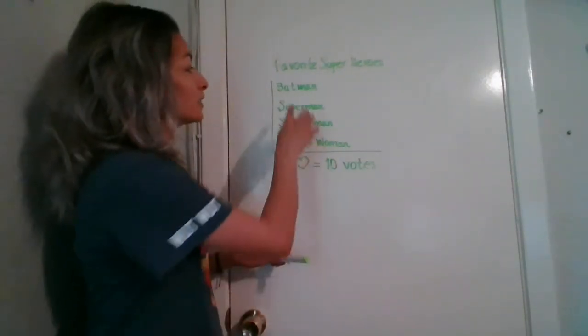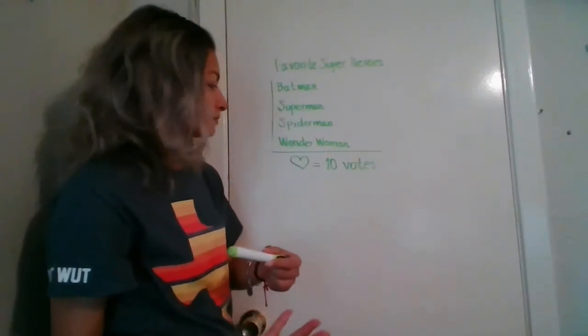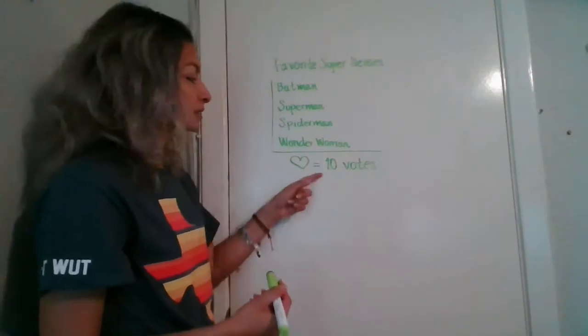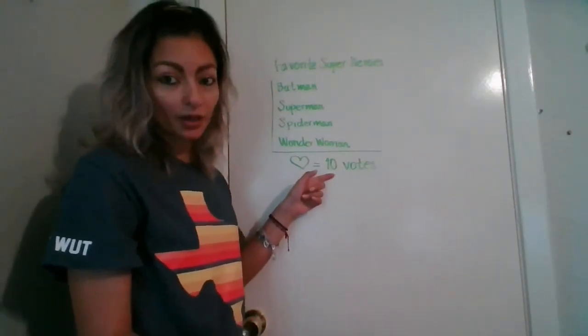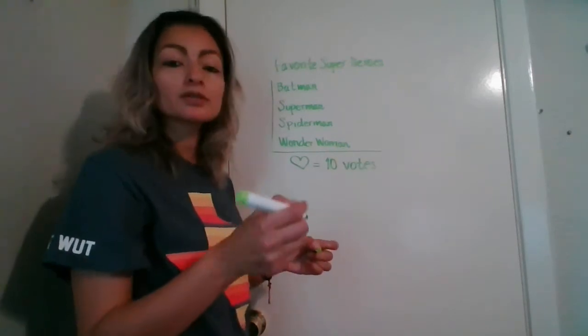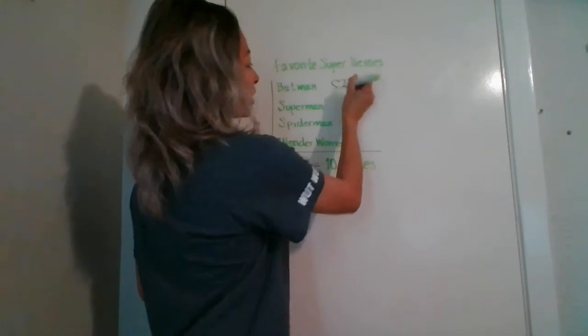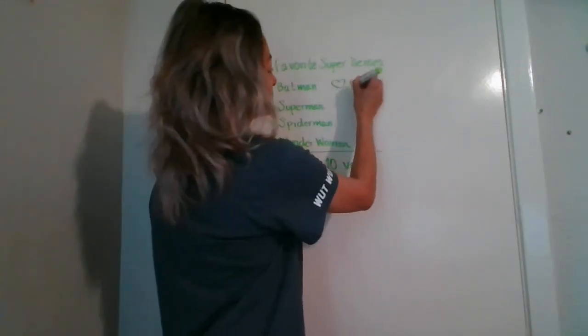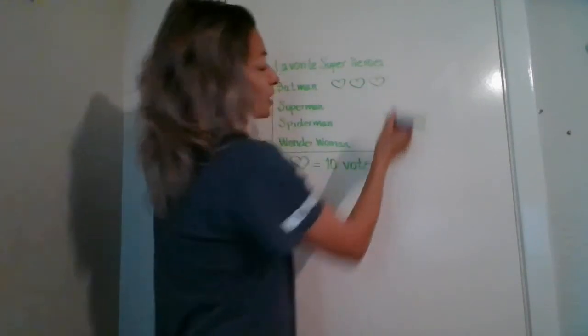Now, if someone tells me that Batman got 30 votes, since I know that one heart represents 10 votes, I'm going to draw 3 hearts. That will be 10, 20, and 30.